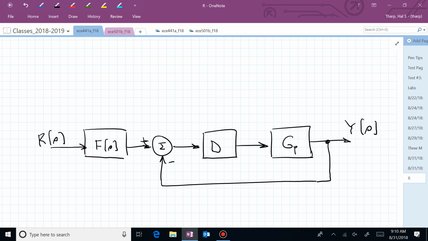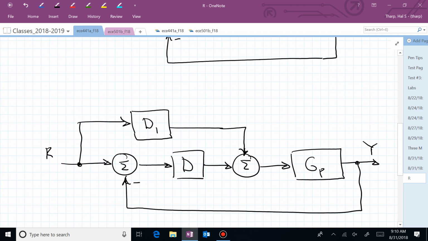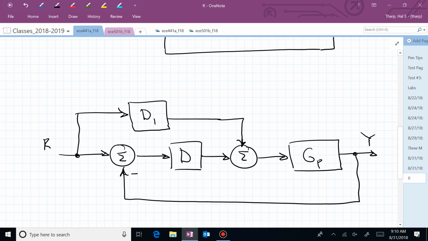You have a controller D and maybe a pre-filter F. This is now DG over 1 plus DG, but all of that gets multiplied by F. So you now have D G_p F over 1 plus D G_p.